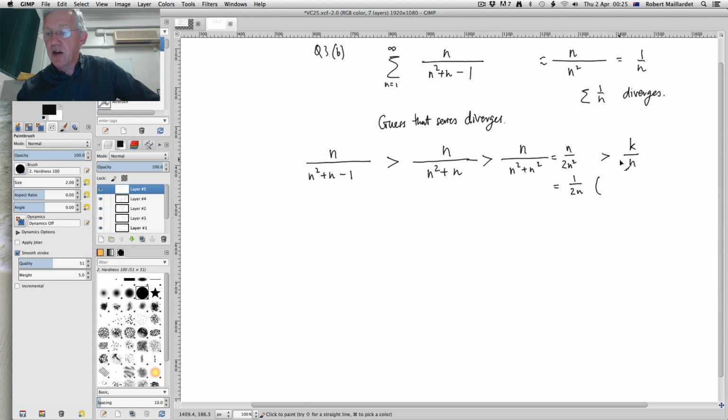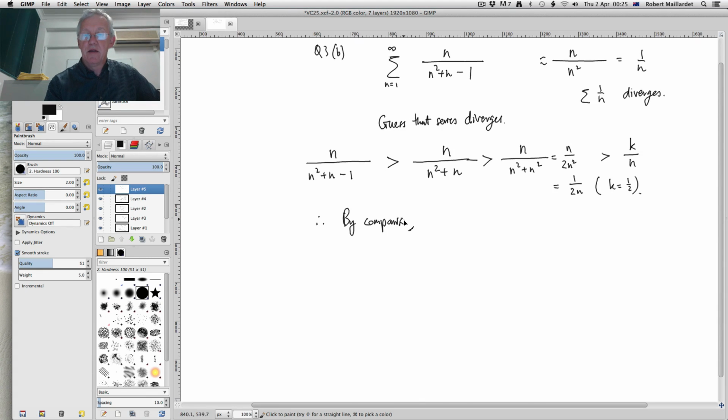And so if you like, I've achieved what I wanted to, but with k equal to a half. Okay, and therefore I can say by the comparison test, the sum n equals 1 to infinity of n over n squared plus n minus 1 diverges.